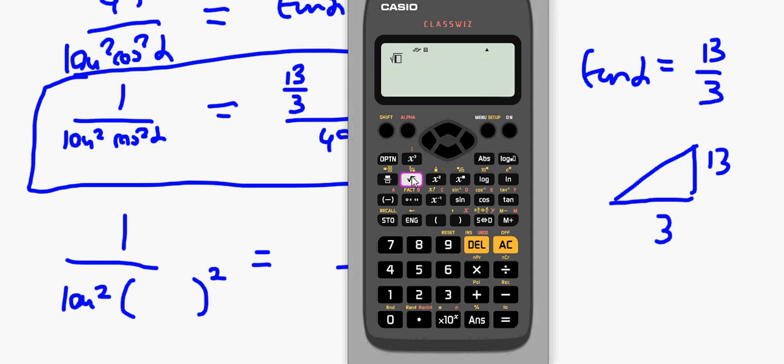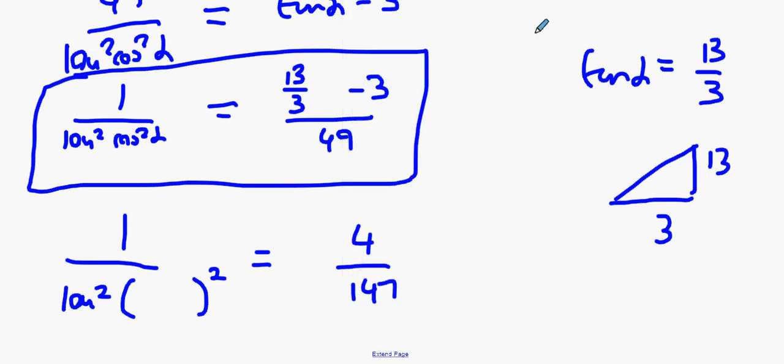Square root 178 is still root 178, no better. Now here's hoping that root 178 disappears somewhere. I think it will. What's cos alpha then? 3 divided by root 178.